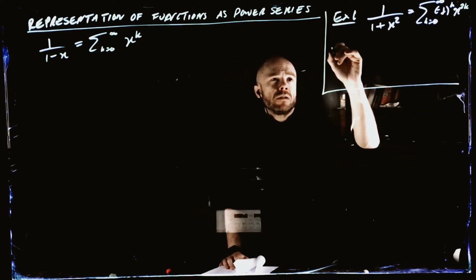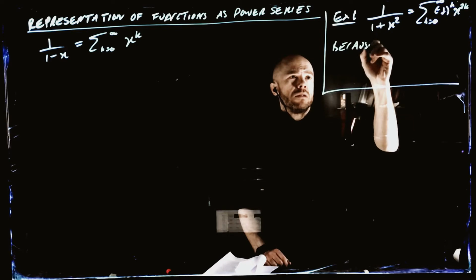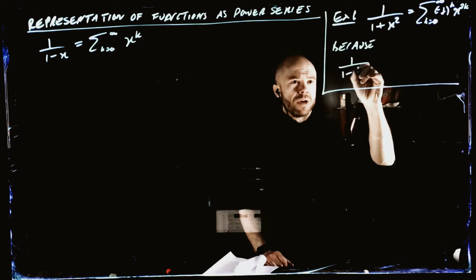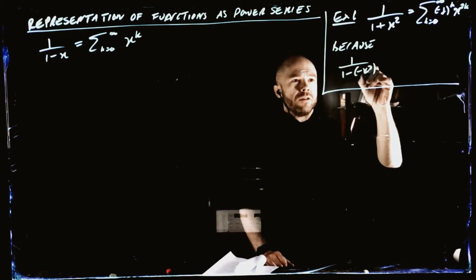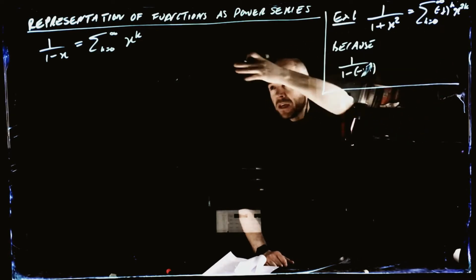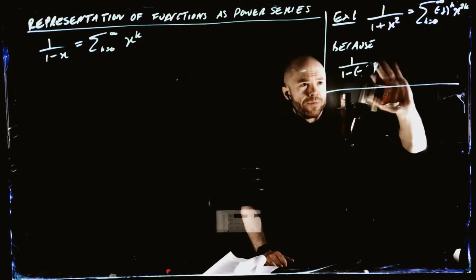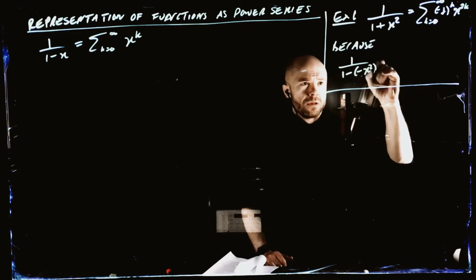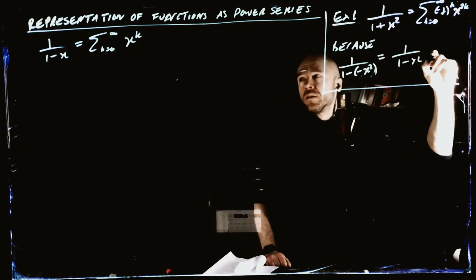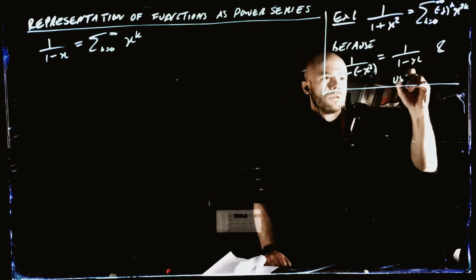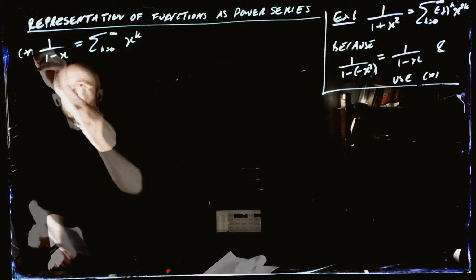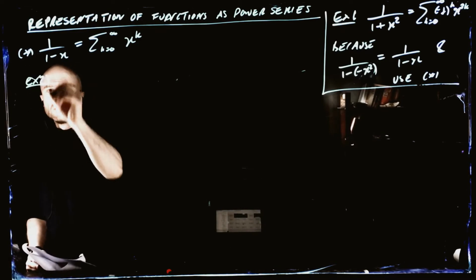We just thought of this 1 over 1 plus x squared as 1 over 1 minus (minus x squared), and then wrote out the power series expansion for minus x squared, and it exactly became this with some algebra, right? And we use this thing, star, right here. And then we will learn some more general things.